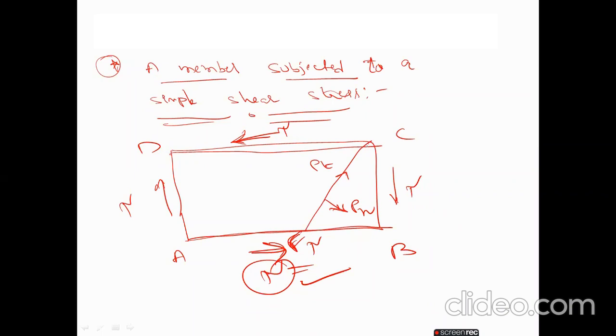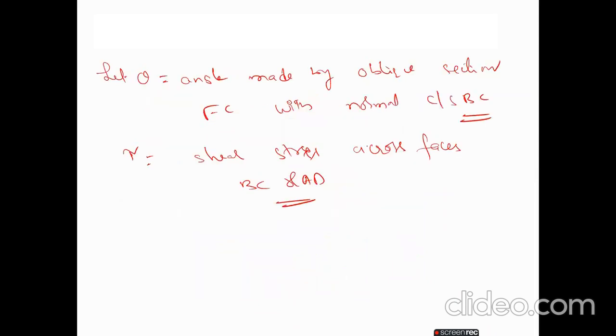Now we have to convert these shear stresses into equivalent forces. When converting into the equivalent forces, we have to resolve along the inclined surface and normal to the inclined surface. Anyway, I will draw the diagram for your better understanding.